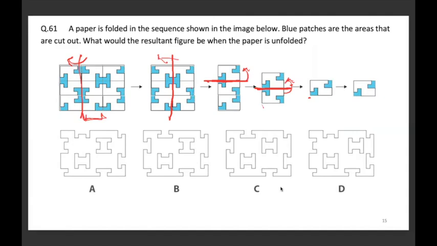Now I may get confused between A and B. They look similar. What is so different about it, right? So if you look at this bigger edge, you'll observe that ये वाला जो part है और ये वाला जो part है, these two parts are different. They are not the same. Versus in option B, these two parts are exactly the same.